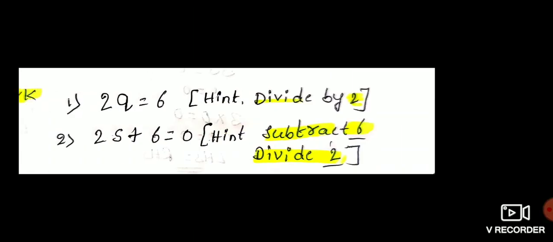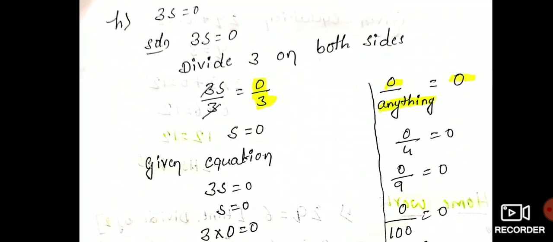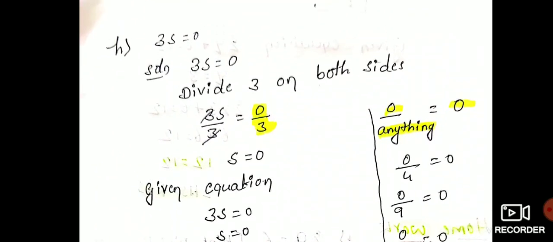Next, it's very important. Let me tell you why. So they have given 3s is equal to 0.